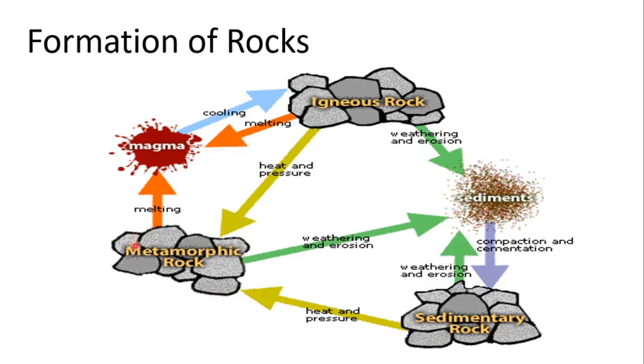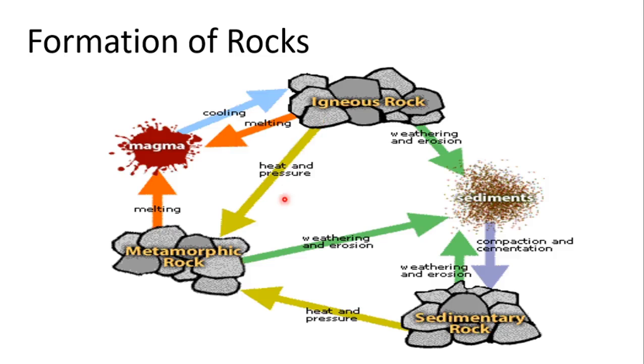Then the third is metamorphic rock. They are formed by the change of pre-existing sedimentary rocks through heat and pressure. So when the sedimentary rocks experience heat and pressure, they convert into metamorphic rocks. For example, igneous or sedimentary rocks.